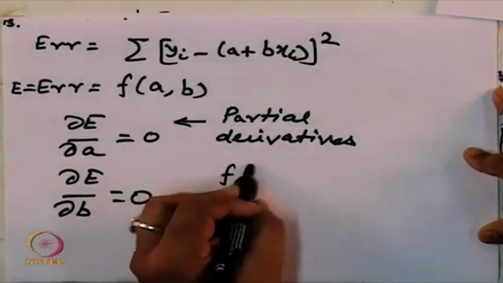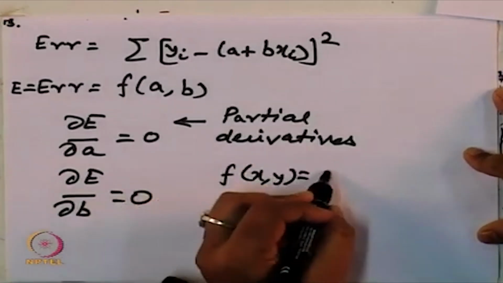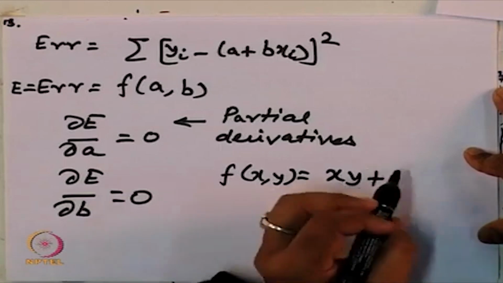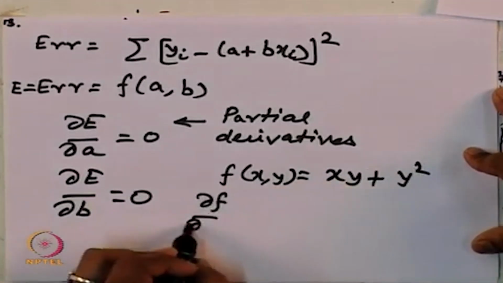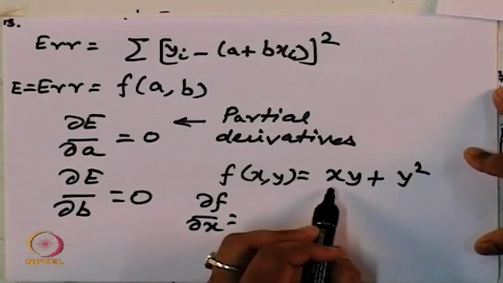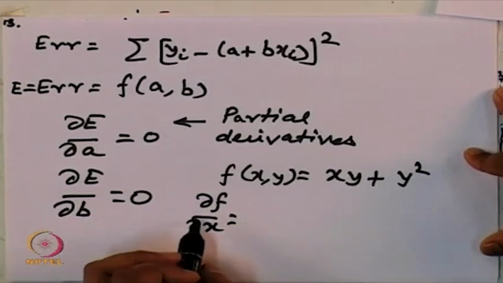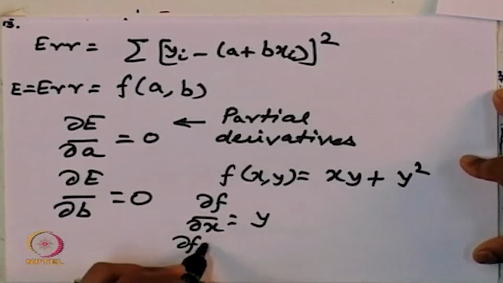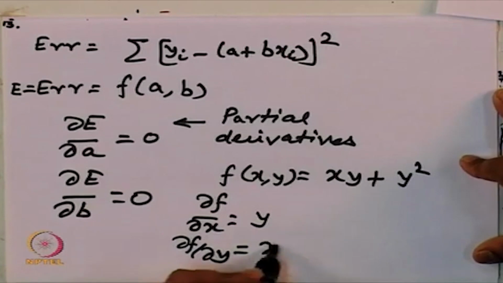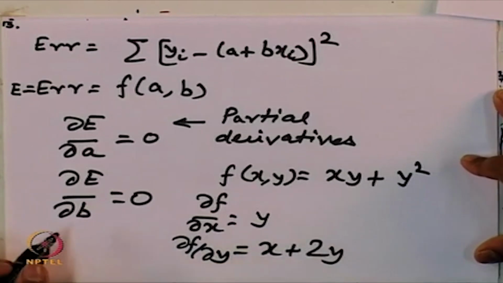So, let us say for example, if f of x y is equal to x y plus y square. So, del f del x is the derivative with respect to x assuming y is constant. So, my del f del x will return me a value of y. My del f del y will return me a value of x plus 2y. Okay.